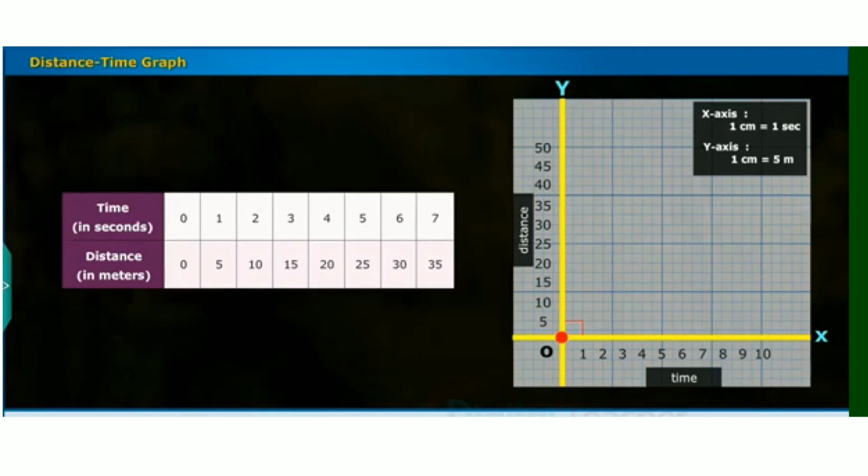Look for 5 on the y-axis and draw a line parallel to the x-axis passing through this point. The point of intersection gives the point that represents 1, 5. In the same way, mark the points corresponding to different sets of values as shown in the image.